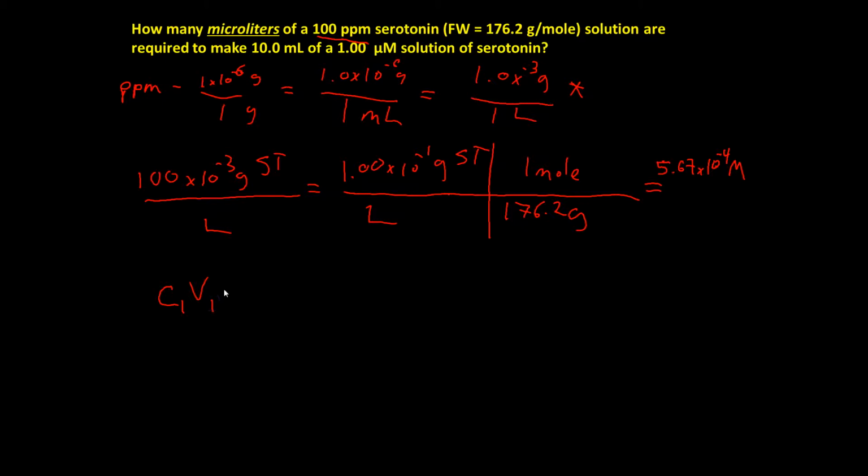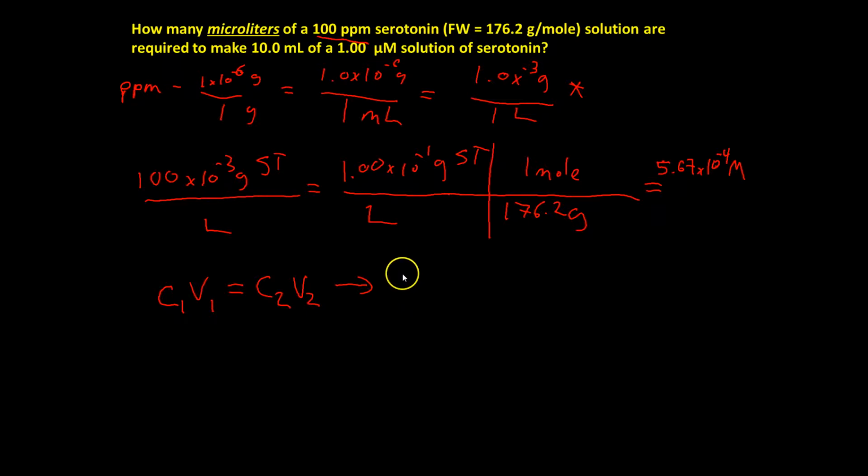So in order to figure this out, we're going to use our handy equation that we use a lot, which is M1V1 or C1V1 equals C2V2. Concentration times volume equals concentration times volume. In this case, what we want to get, our C2, is 1.0 times 10 to the minus 6 molar, and our V2 is 10 milliliters. So you can do this a couple different ways, depending on which units you're most comfortable with.